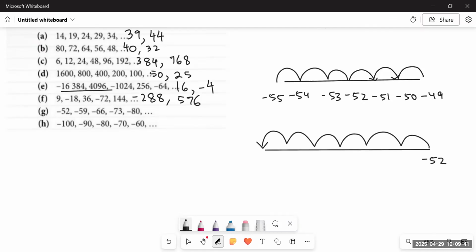So it would be -52, -59, -66, -73, -80. If these numbers had been positive, they would have been increasing. But since the numbers are negative, we are going backwards.